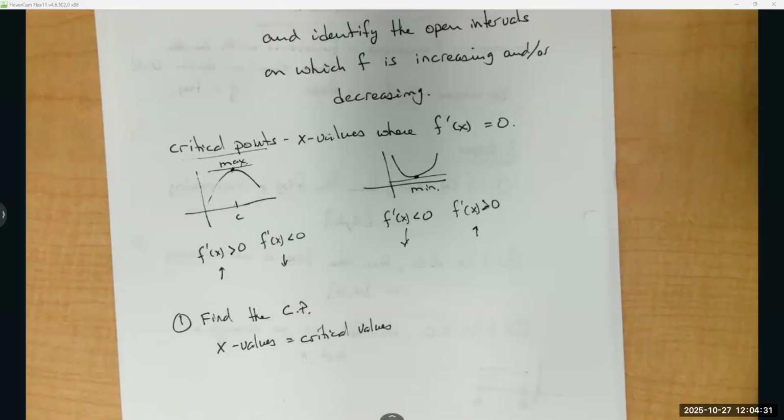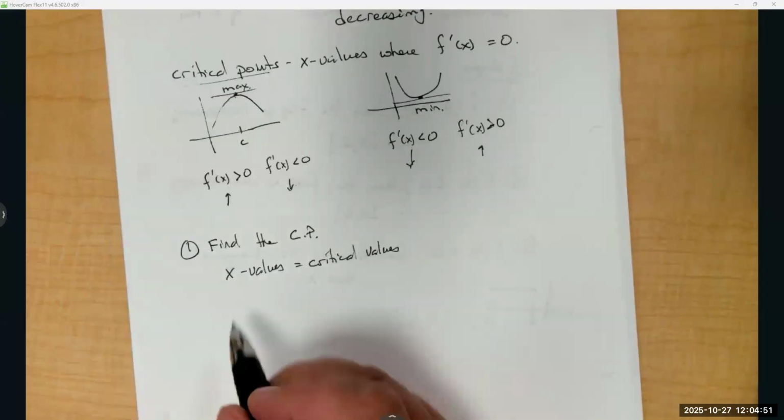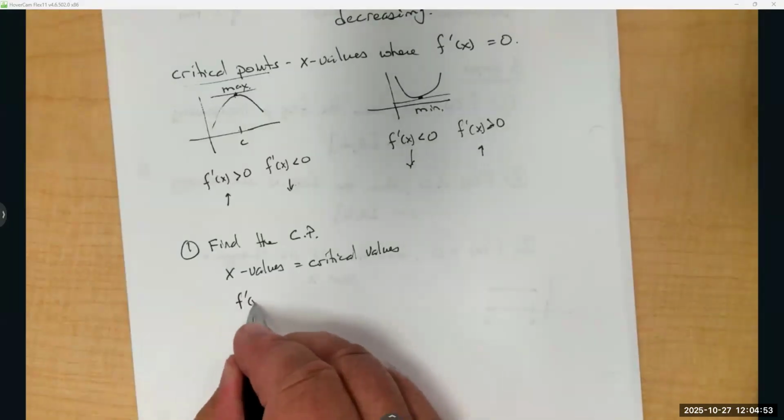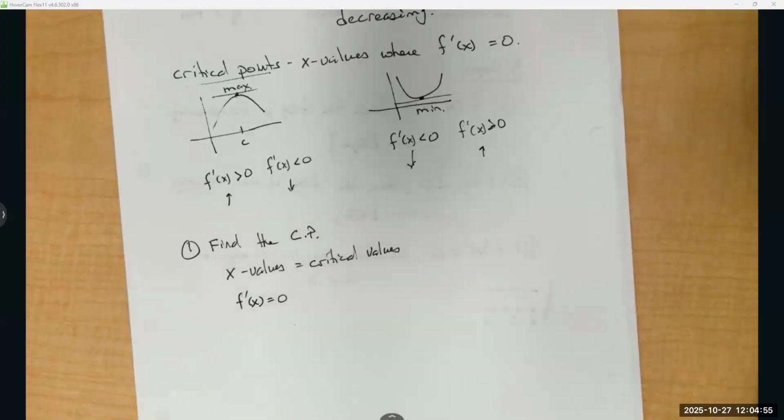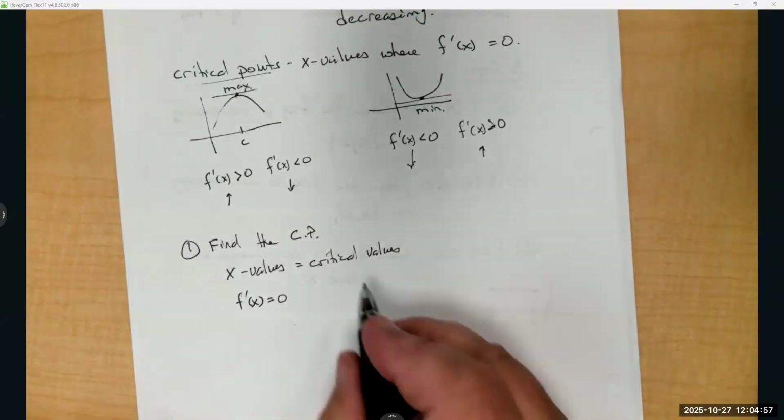The critical point is the actual point location where the slope is 0, the vertex. So the critical values we call the x values. So how do we find the critical values? Find the derivative and then set it to 0. Take the derivative, set that equal to 0, because that's where we find our vertices.